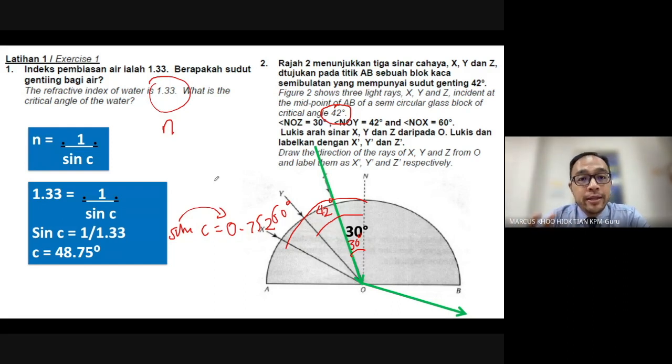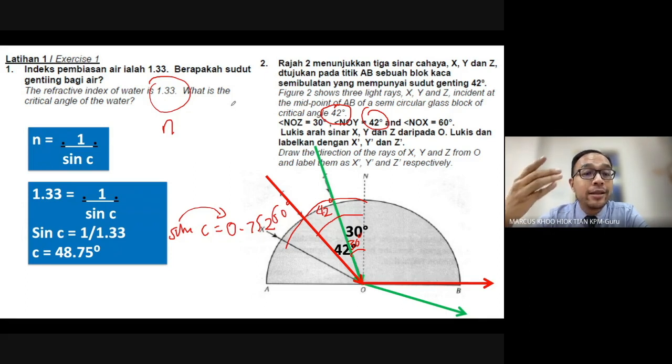The second line, NOY, is 42, which is exactly the same as the critical angle. So what happens if the critical angle and the incident angle are the same? We call this boundary refraction. So this is what's going to happen. It's going to refract at the boundary. And of course, the third one is 60. 60 is bigger than 42, bigger than the critical angle.